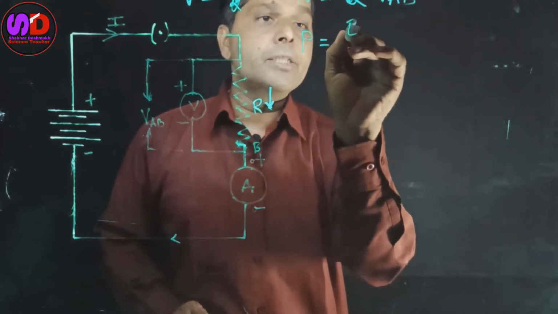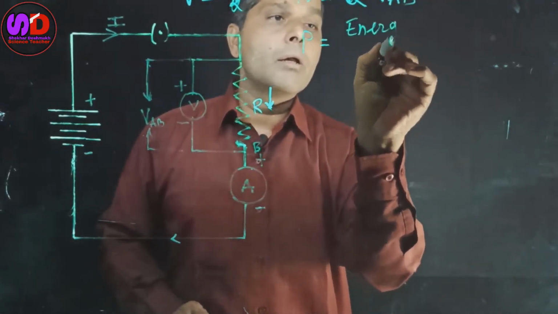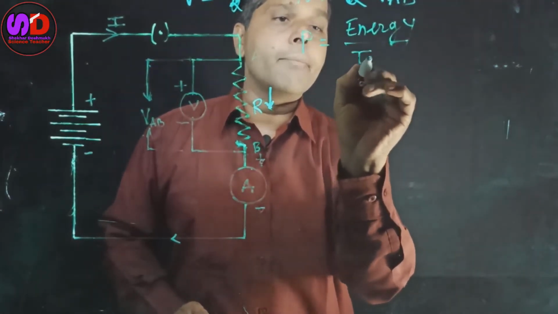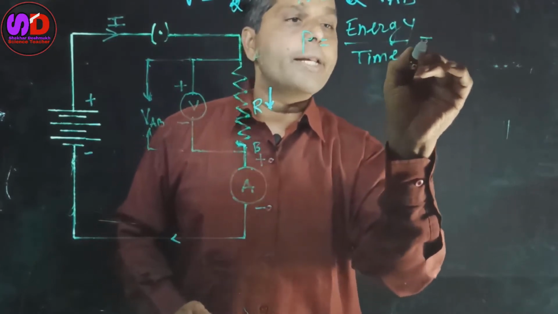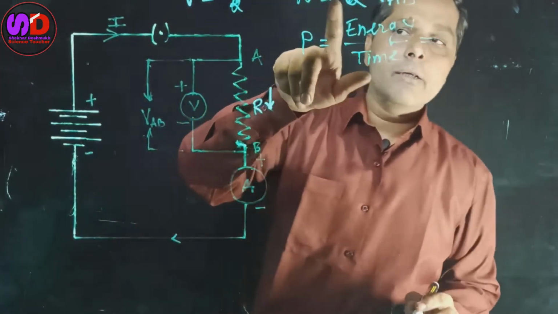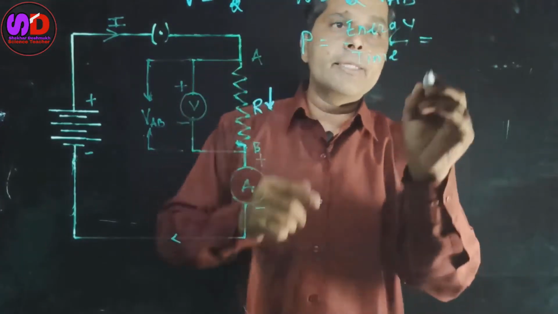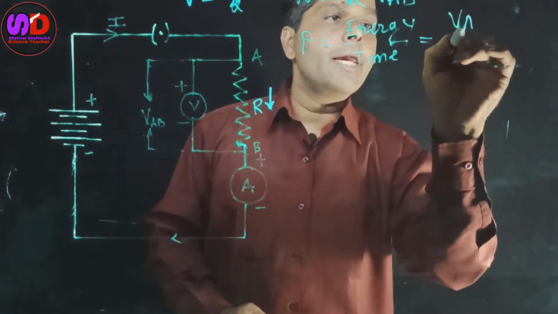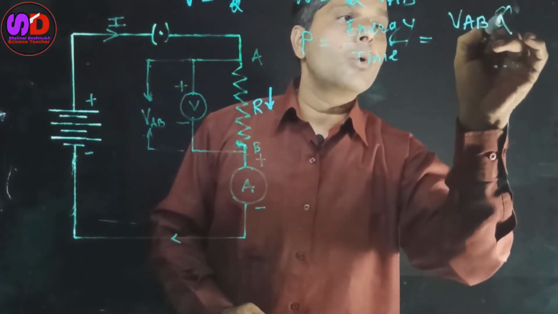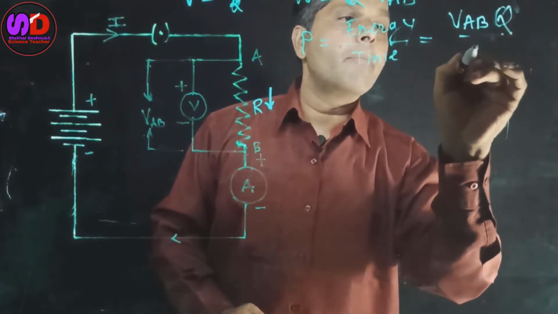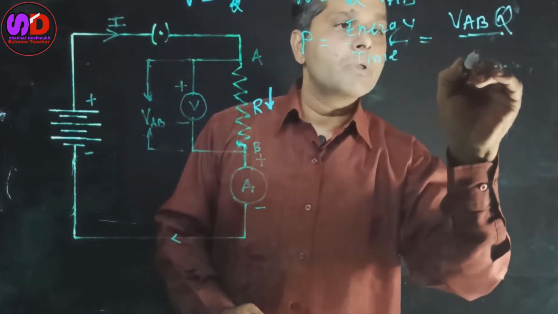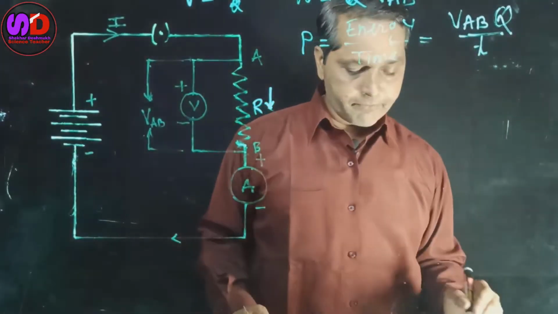That means energy divided by time. Energy is nothing but work done, so it is VAB into Q divided by time. Suppose it is T.